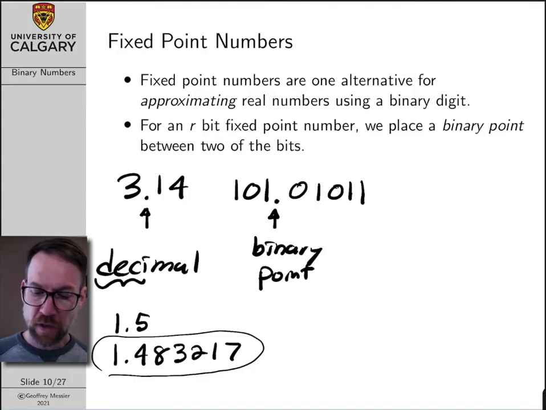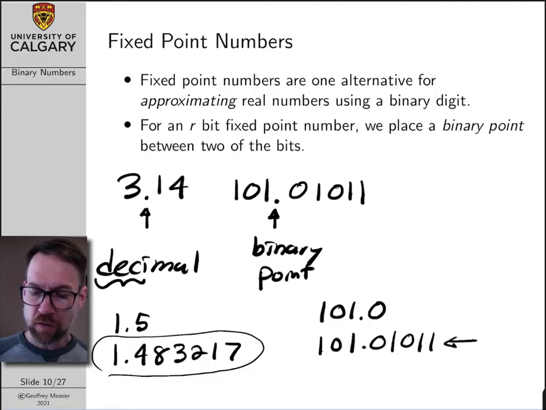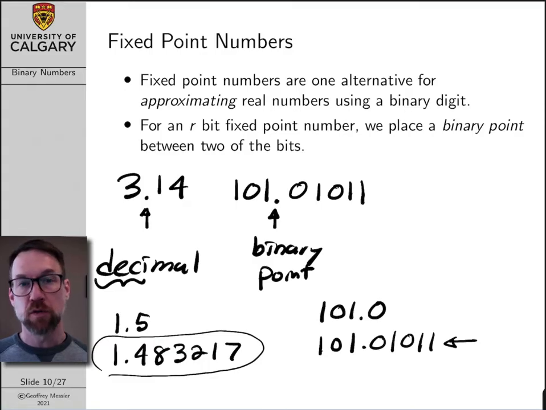So I could write a number as 101.0, or I could write a number as 101.01011. And just like for base 10 numbers, the second one represents a real number with a greater degree of precision because we're allocating more bits to the fractional part of the number. However, the cost of that is to use more storage, right? The more precision we want to use, the more bits our number takes up.